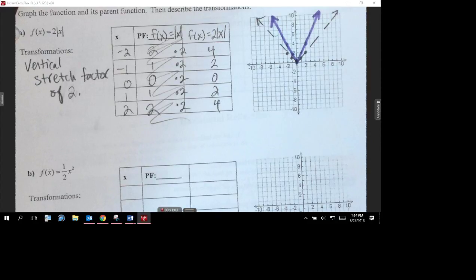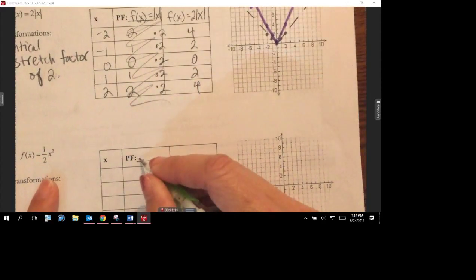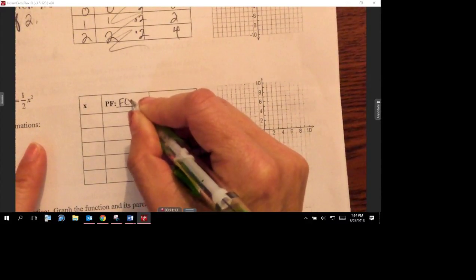Quadratic. So for quadratic, we write the parent function f of x equals x squared.